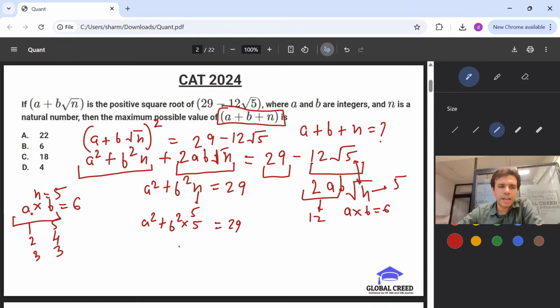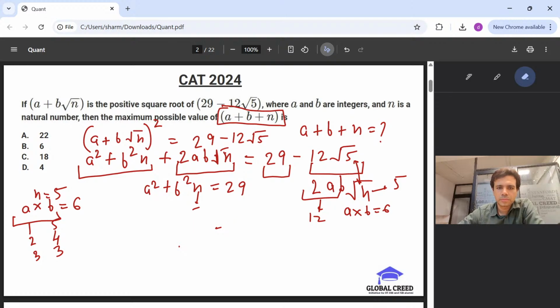Now if a and b have product 6, I have to find when 29 will come, when we take a square plus 5b square.